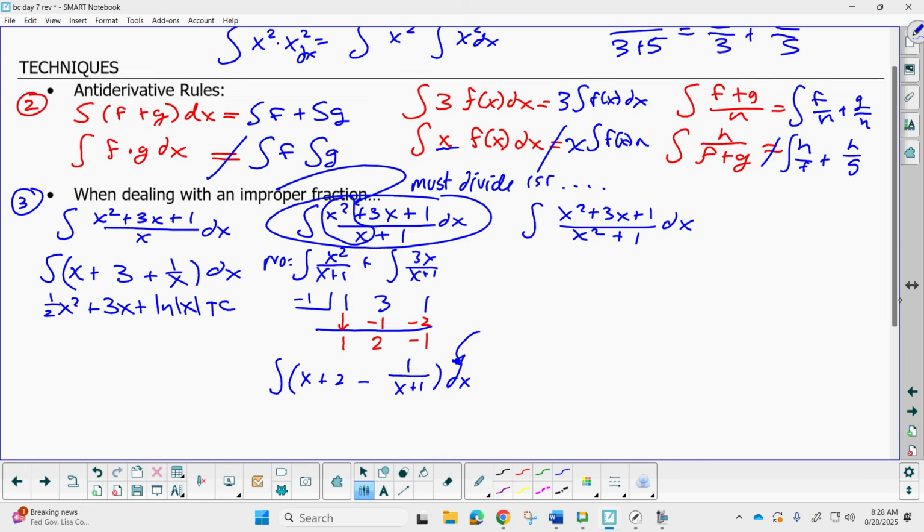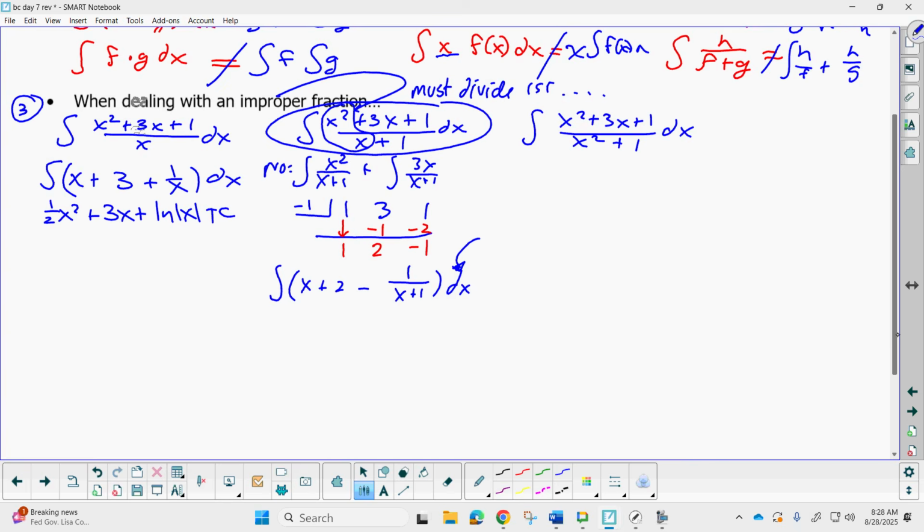All right, so what is the antiderivative of x, people? 1/2 x squared. The antiderivative of 2. Now this is a quasi-function within a function, which might say u-sub, but would you u-sub that? What is it?